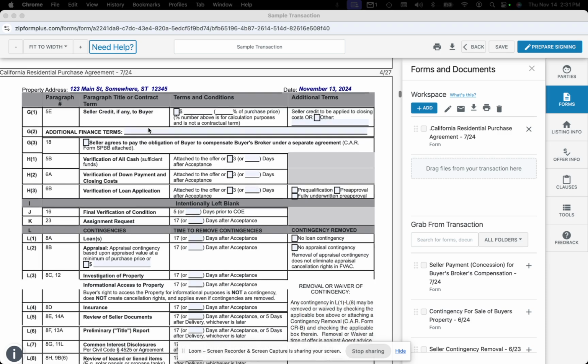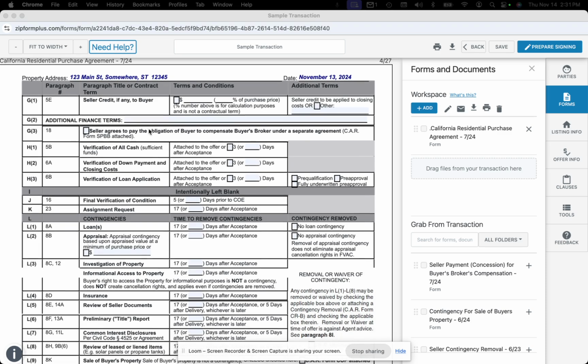For example, especially now when we have the situation with the fact that buyer's agents are no longer automatically going to be paid by the sellers, right? The buyer's agents' commissions are now responsible to be paid by the buyer themselves.